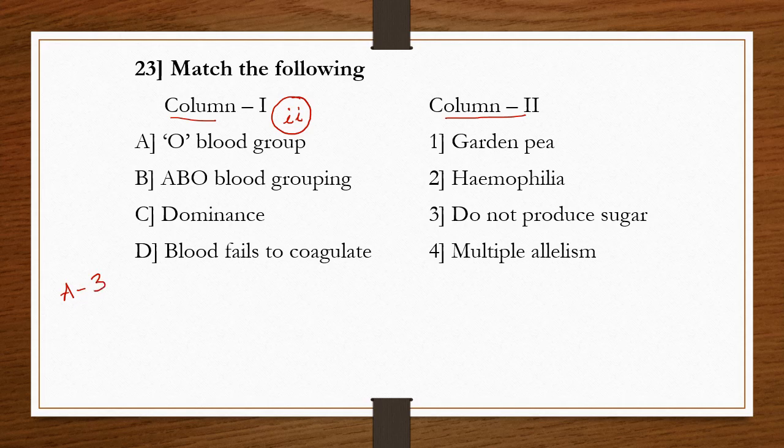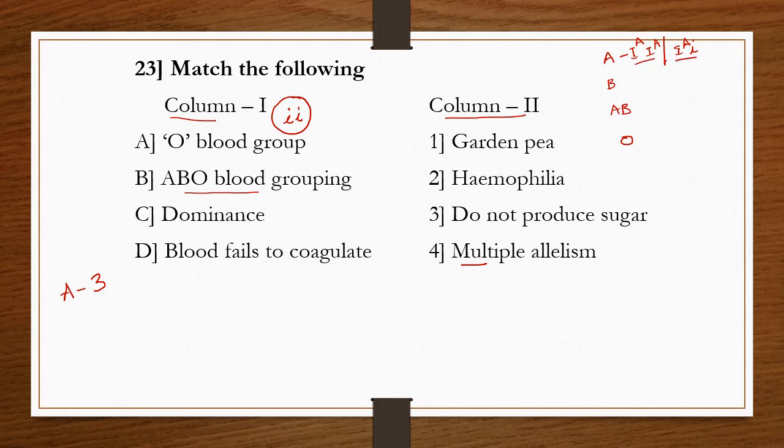Next, ABO blood grouping. It is an example of multiple alleles. In the ABO blood group there are blood groups A, B, AB and O: four types of blood groups, but these four types are represented with six genotypes. The A blood group is represented with IA IA or IA small i, two genotypes.